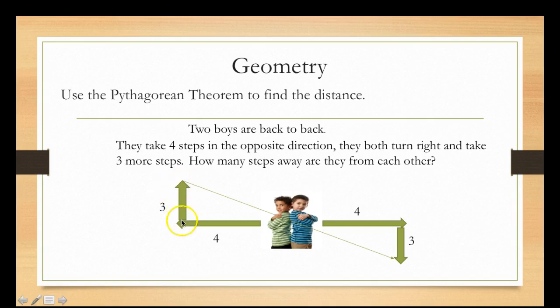So if we just look at this right triangle, we can use the Pythagorean theorem to figure out what this distance is. That distance is 5. That distance is 5. So the boys are 10 steps away from each other.